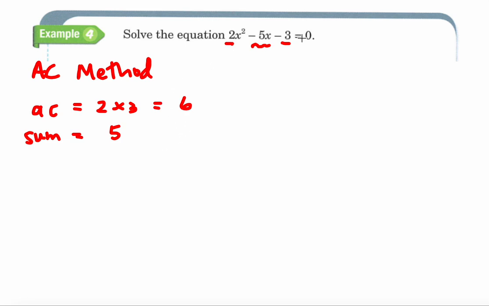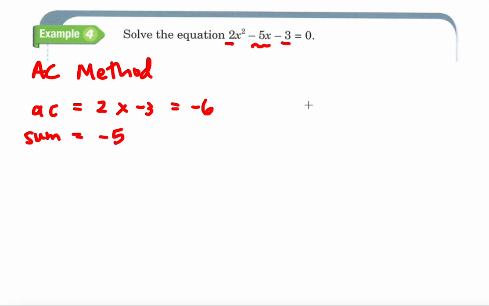Sorry, that'll be 2 times negative 3. My bad, let me redo this. I forgot about my negative signs. 2 times negative 3, my A times C, is negative 6, and my sum is negative 5.